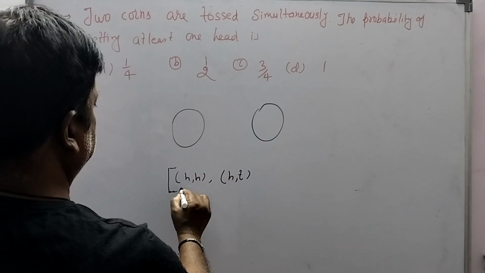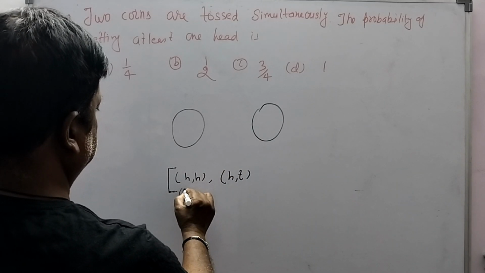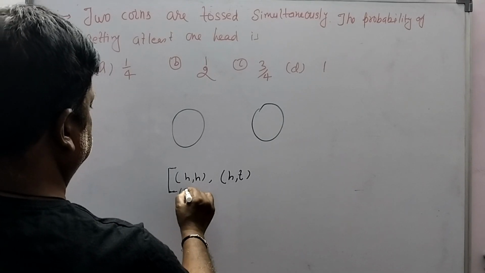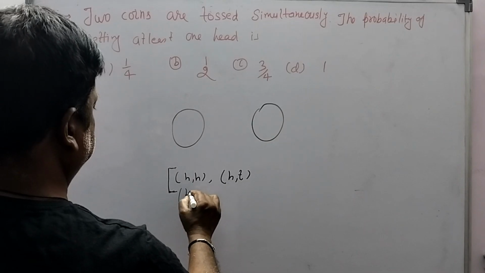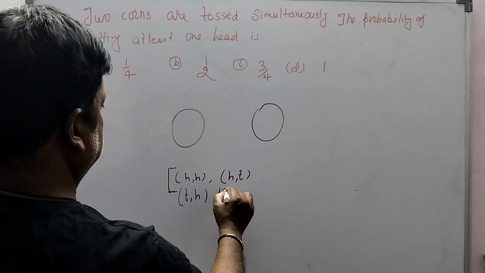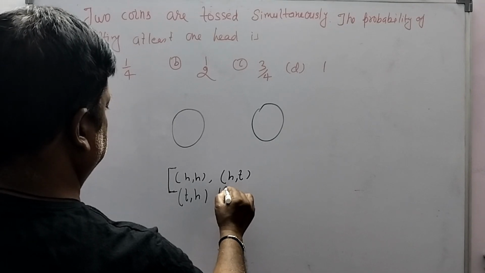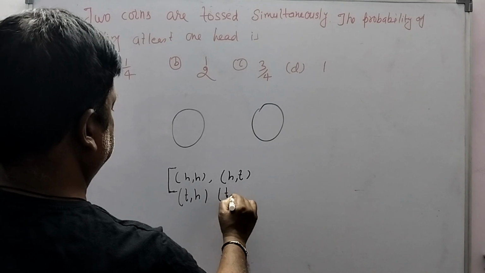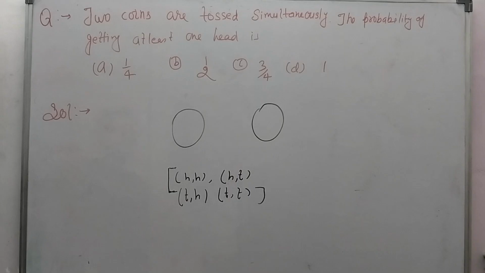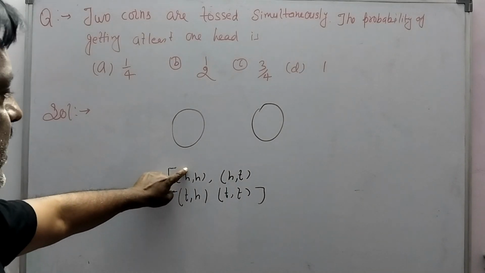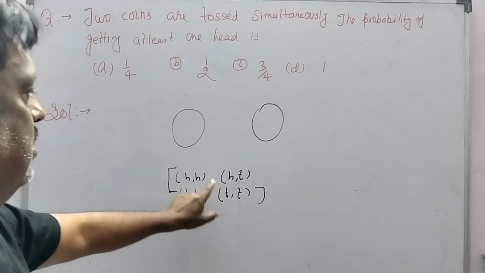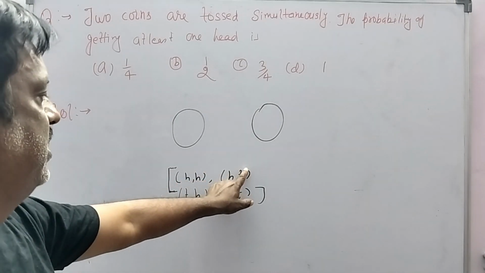Second time, first coin getting tails, second coin getting head. First coin getting tails, second coin also tails. Okay. First coin head, second coin head, tails, second coin head, second coin tails.